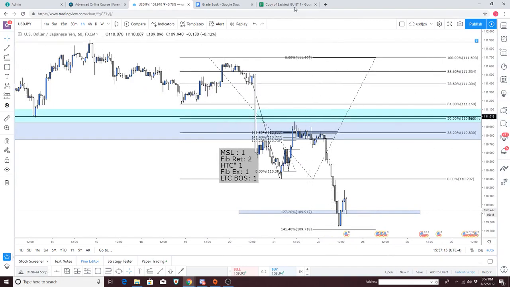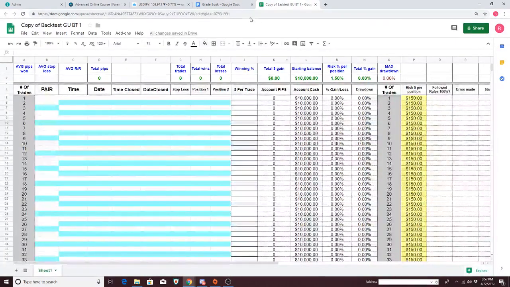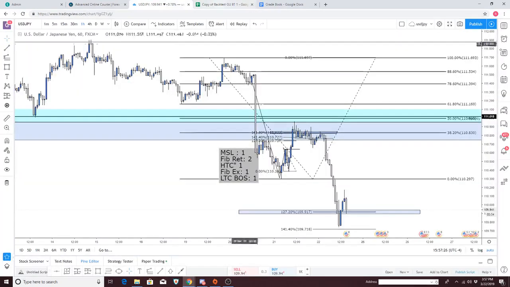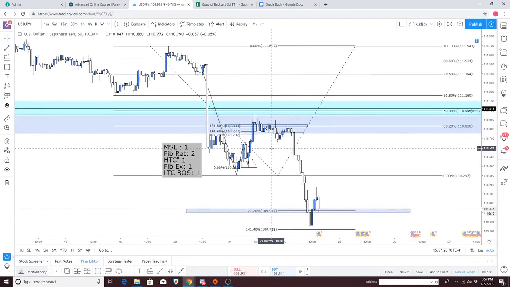So let's just pretend this is our journal. The pair we traded was USD-JPY. The time that we entered our first position was along this area here. We entered last night, the 21st of March 2019.